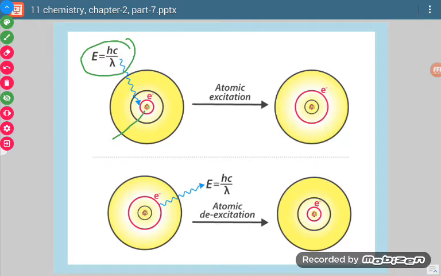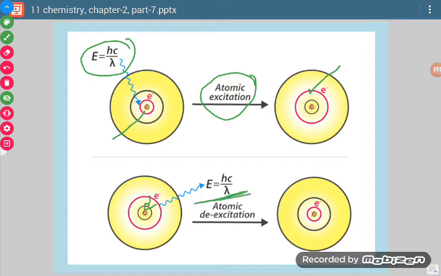When this energy is absorbed by the electron, it jumps to a higher energy level. This is called excitation, atomic excitation. Now when the electron comes from a higher level to a lower level, it will again release energy.